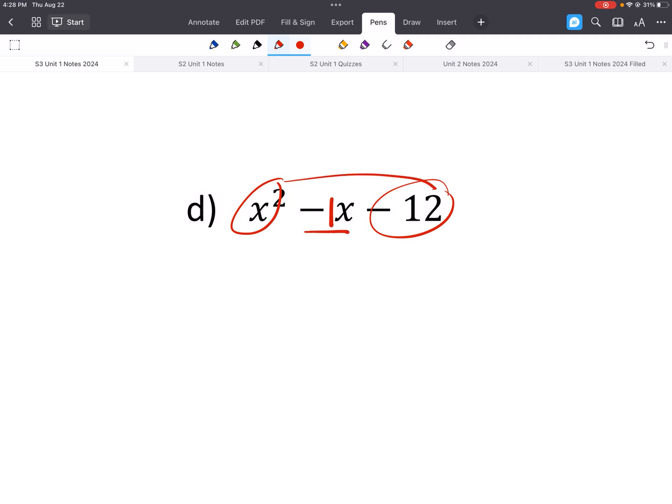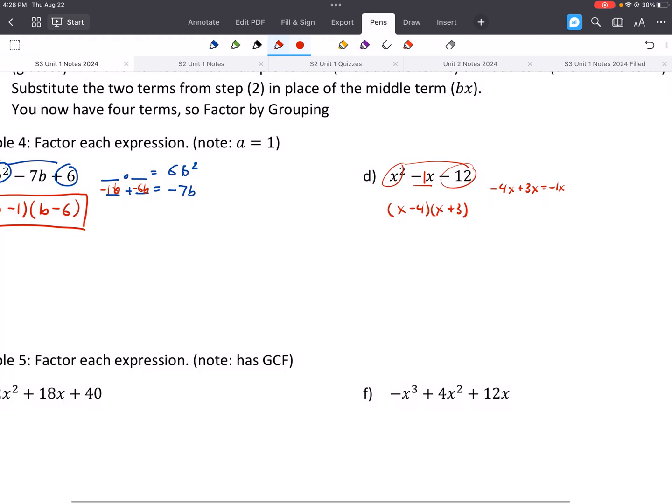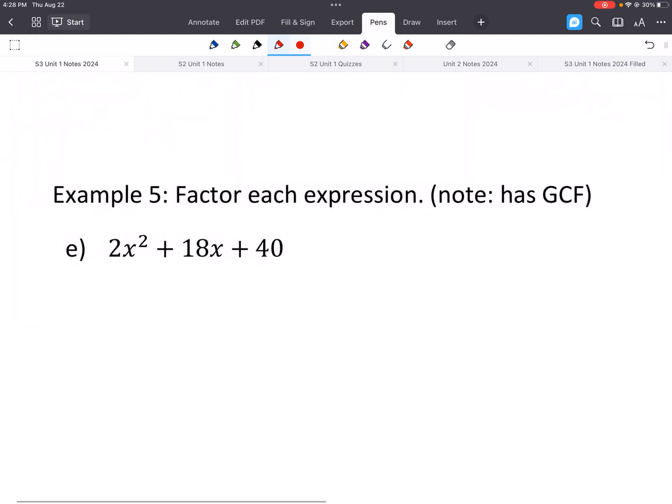Well, that would have to be like negative 4 and a positive 3. Okay, so that would give us negative 1. And if we multiplied, that would give us the negative 12. So here we would have x minus 4 and x plus 3. Okay? I promise I'll give you an example where you have to use the box.